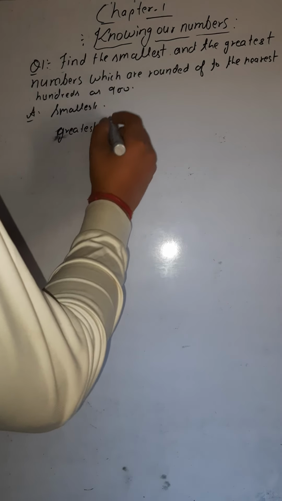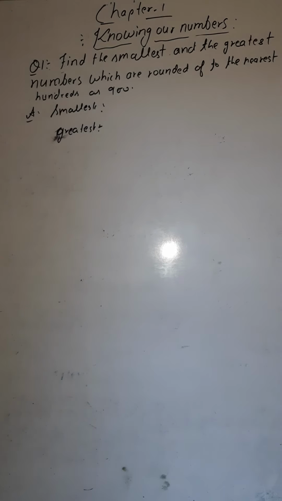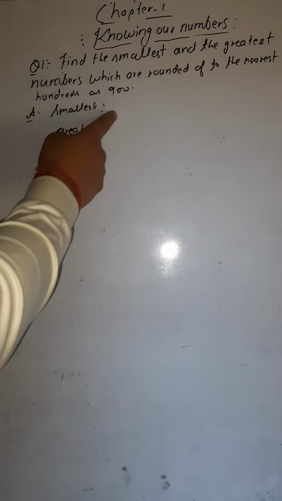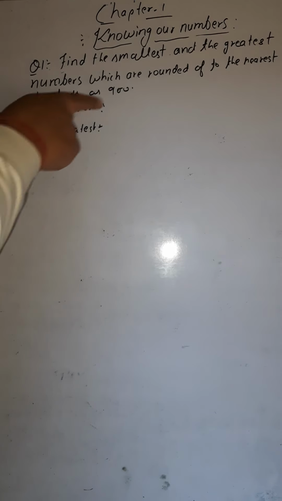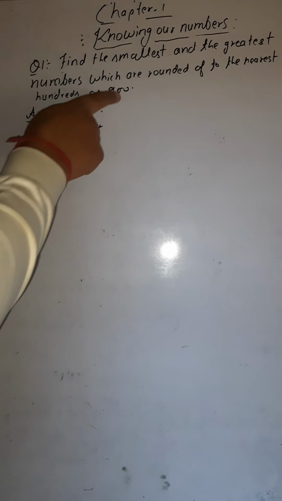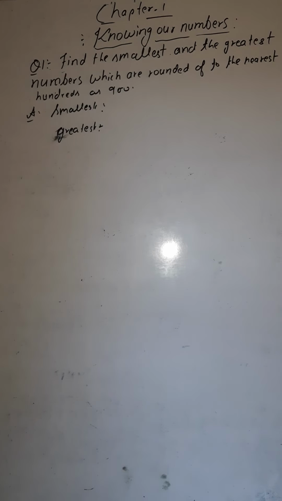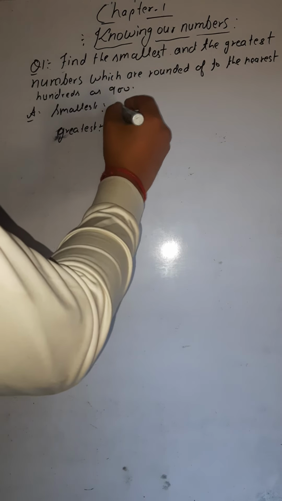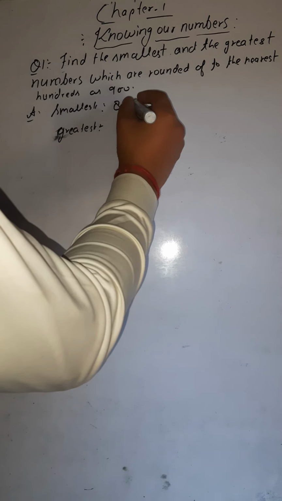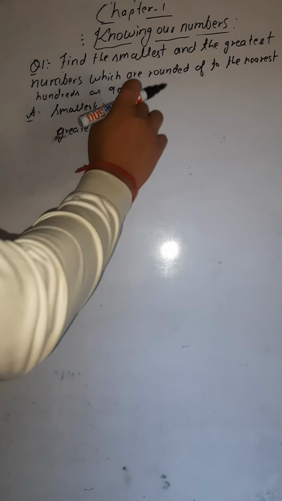So two numbers you have to tell me, one smallest and another the greatest number. If you are rounding those numbers to the nearest hundreds, the answer should be 900. Let's say I take a number here, 449.